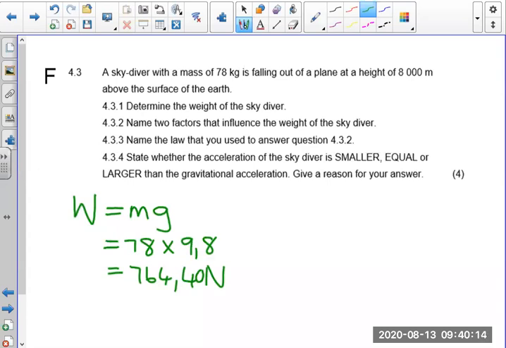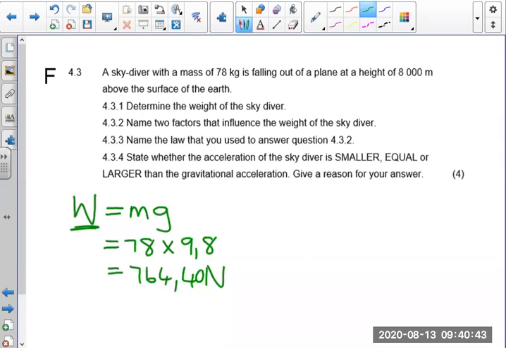All right. Then they say, name 2 factors that influence the weight of the skydiver. So the weight is the force that the Earth has on this person. Remember, weight and mass are 2 different things. If I get on a scale and the scale says 150 kilograms, then the mass is going to be the same on Earth, on Mars, on the moon, everywhere.